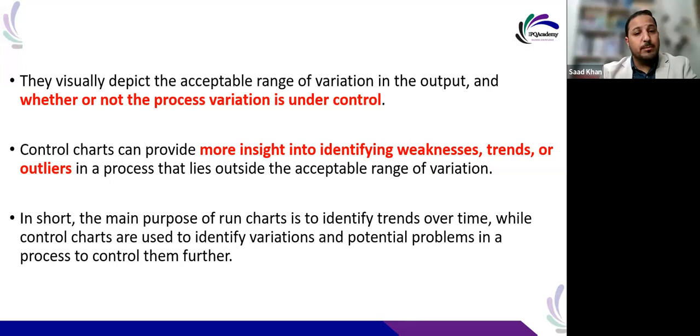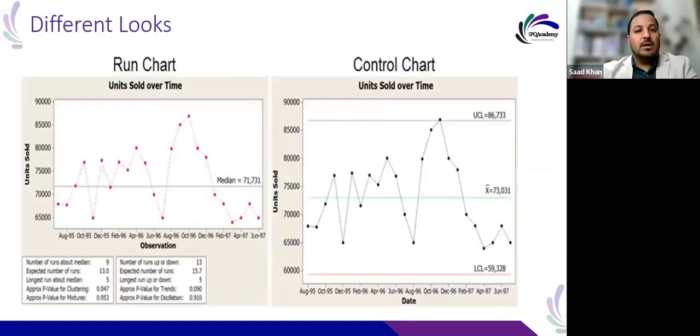Control charts can provide more insight into identifying weaknesses, trends, and outliers in the process which lie outside the acceptable range of variations. So in short, run charts identify trends, and control charts are used to identify variation.